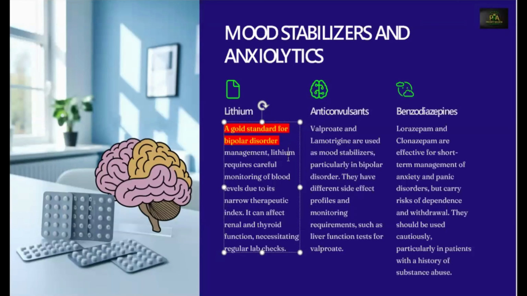But for lithium, you need to know the labs to monitor. Lithium has a narrow therapeutic index, so just a little shift can cause toxicity. You need to know the signs of toxicity, like tremor and diarrhea, and know the labs to monitor for lithium, such as TSH, because people that have hyperthyroidism can present as manic patients.